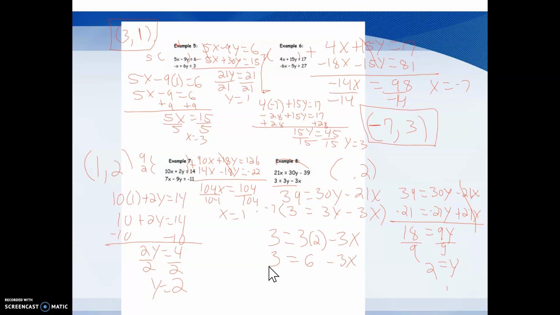All right. And I'm going to subtract the 6. Okay. Negative 3 equals negative 3x. Divide by negative 3. And x will give me 1.